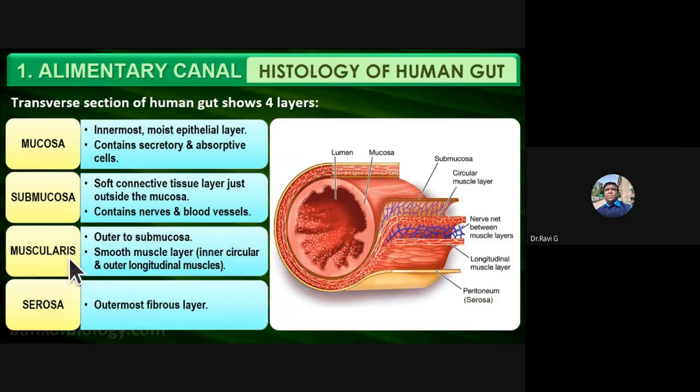The next layer is the muscularis. Outer to the submucosa, which has the nerves and blood vessels, there is the muscularis.